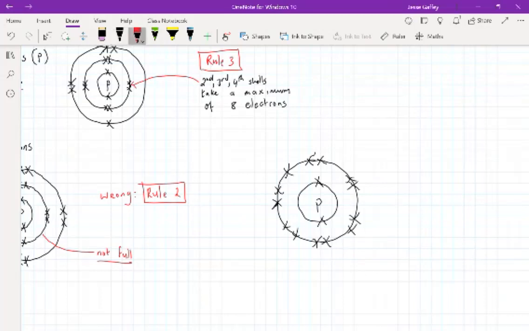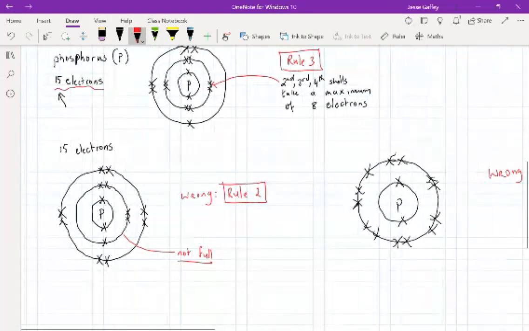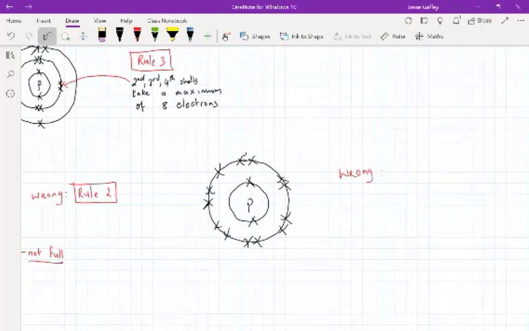Okay, is this right? Is it wrong? And what is wrong if it is wrong? Okay, it is wrong. Hopefully you noticed that it is wrong. It's still got 15 electrons. So I have accounted for the 15 electrons, but there's a problem.